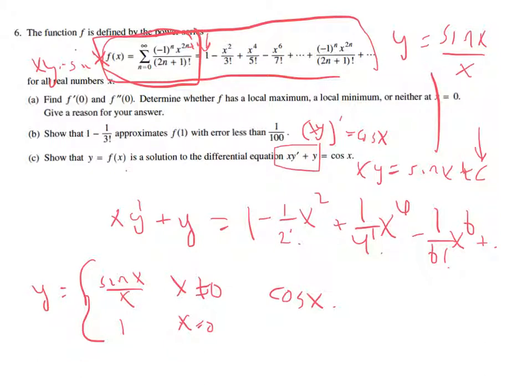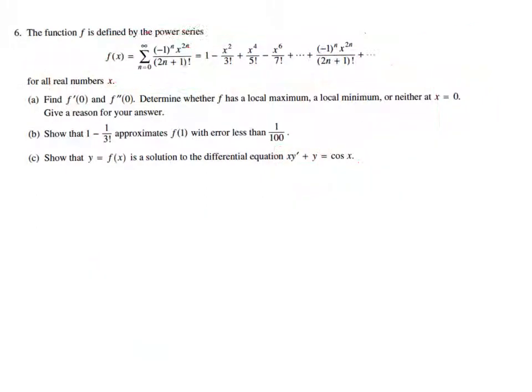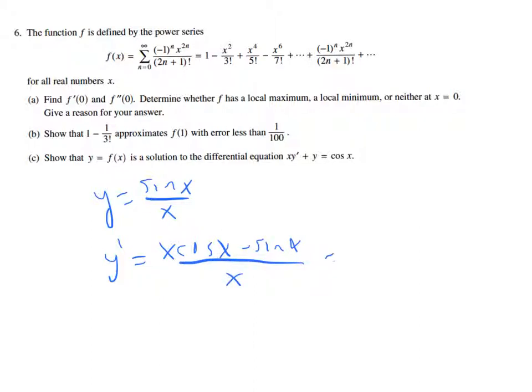One person in one of the classes, I can't remember who it was, noticed that they figured out kind of that process that y was equal to sine of x over x. And then they figured out, well, if that's true, then y prime will be x cosine of x minus the sine of x, over x squared, which simplifies to cos of x over x minus the sine of x over x squared.